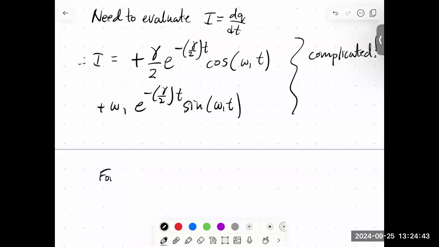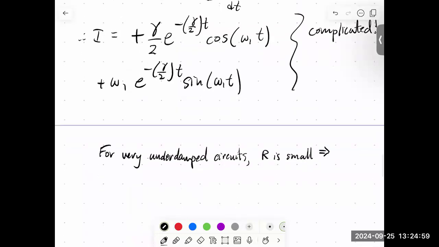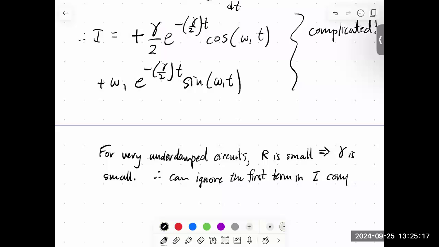So for very underdamped circuits, R is small, which means that gamma is small. Therefore, we can ignore the first term in I compared to the second term.